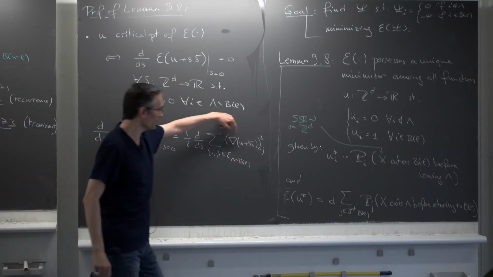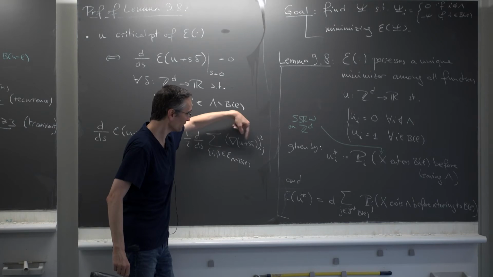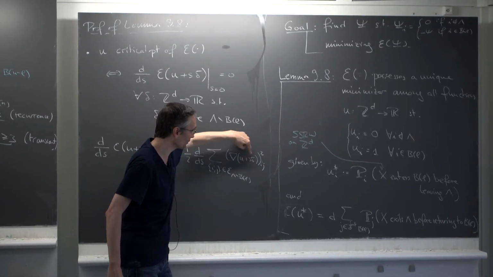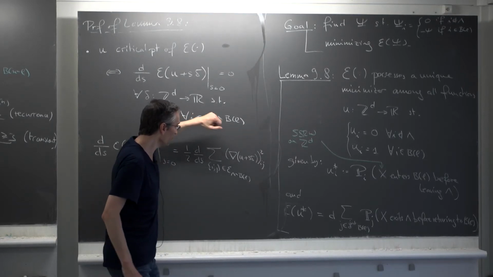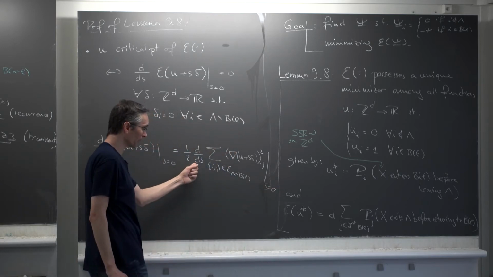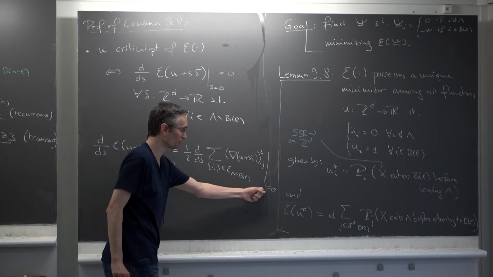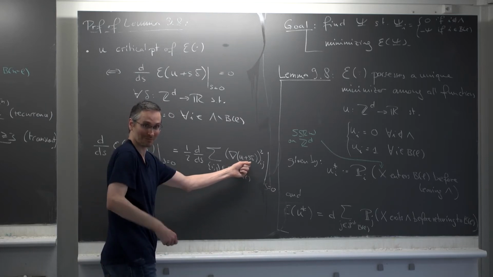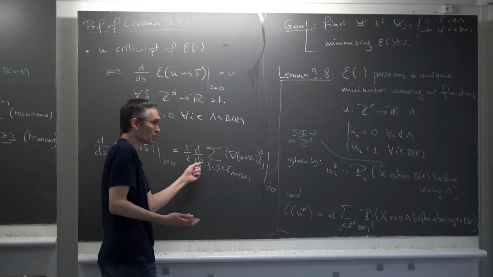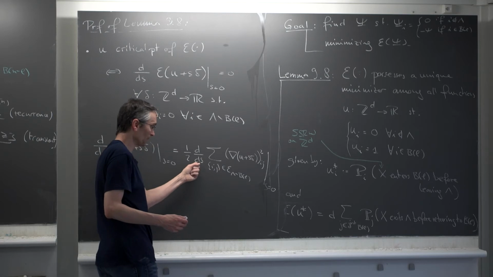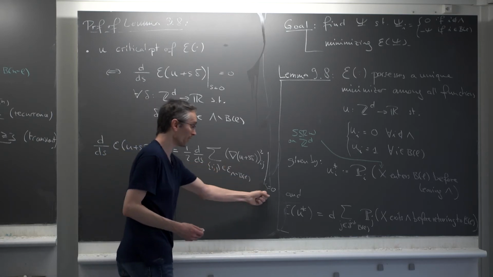Now, when I take the square of this, so this is gradient u plus s gradient delta, and I can take the square. The only term that will survive when I compute the derivative with respect to s and take s equal to 0 is the linear term in s. Because the constant term just disappears when I differentiate, and the quadratic term will give me 0 when I evaluate at 0.